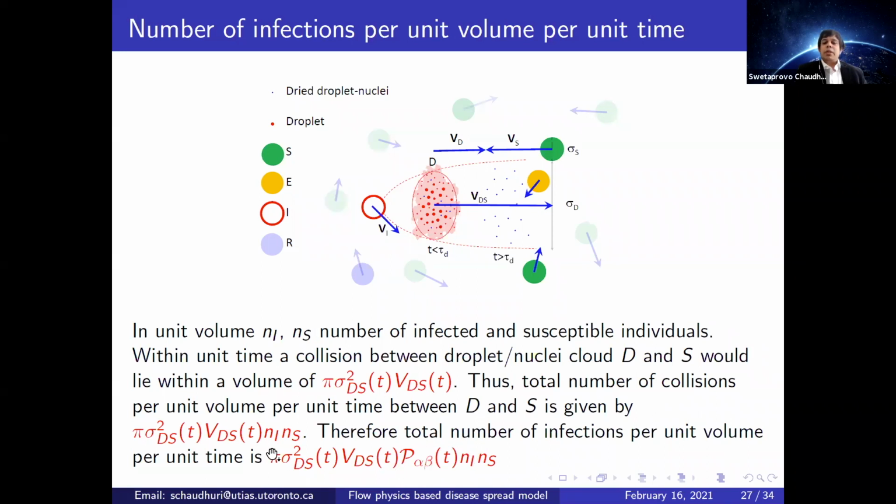Then the total number of infections per unit volume per unit time is given by pi times sigma_ds squared times the relative velocity times the probability of infection for the respiratory event alpha and transmission vector beta, times the number of infected individuals and the number of susceptible individuals.